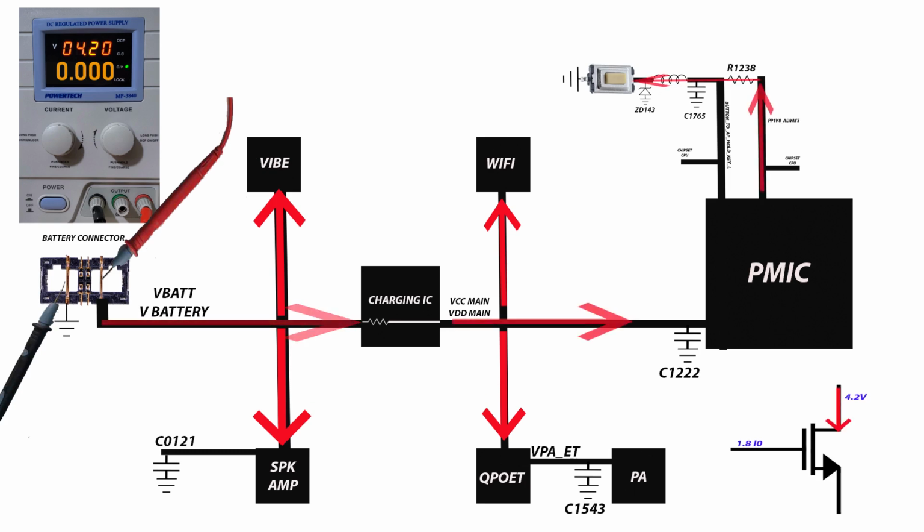This 1.8 volts is like the switch. On the schematic diagram you can see the 1.8 IO, input output voltage. That starts turning on the phone and is the switch for all integrated circuits to turn on. That's it. In the next video, I explain completely about that one.